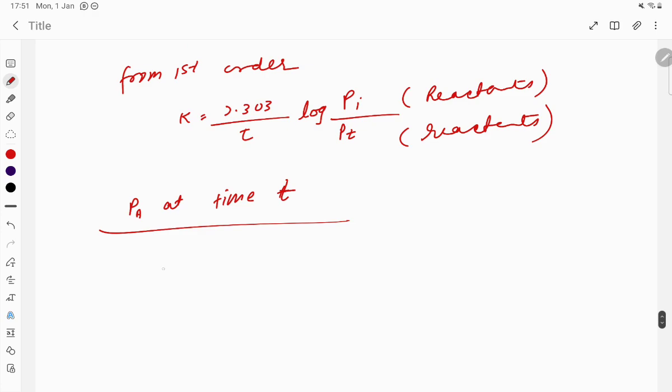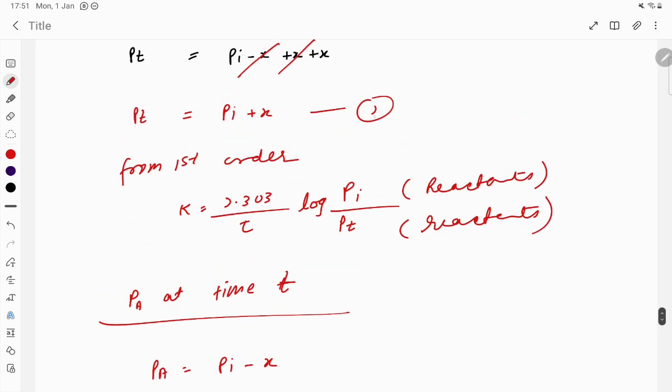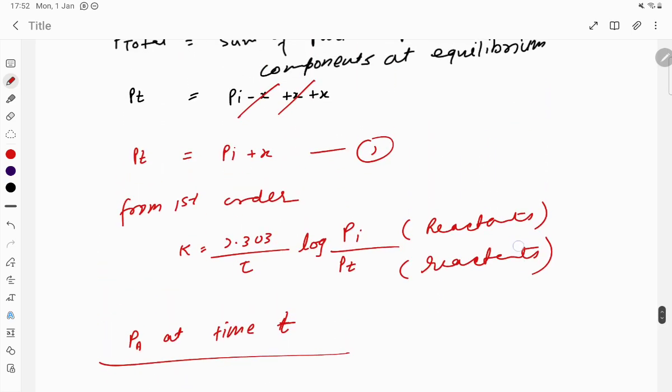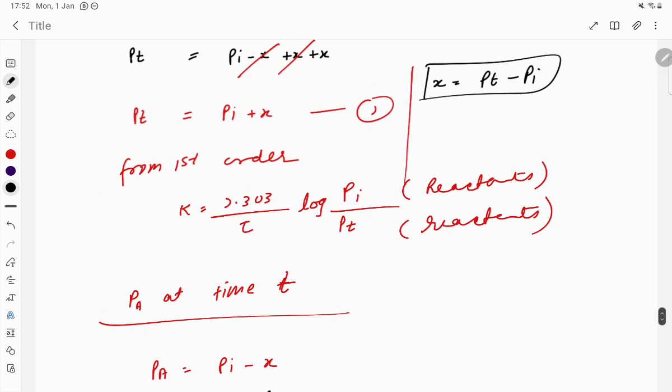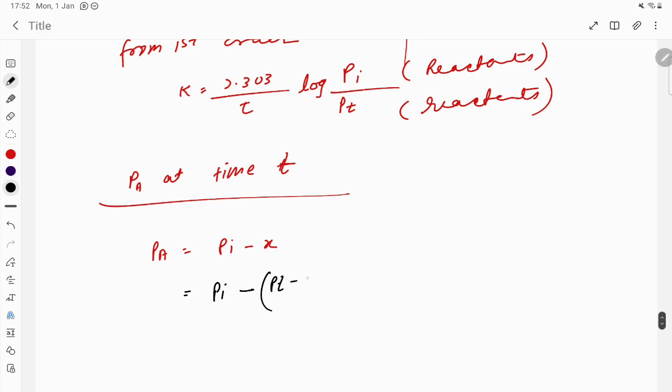So Pa is equal to Pi minus x, and the x value we can get from equation 1. So x is equal to Pt minus Pi.